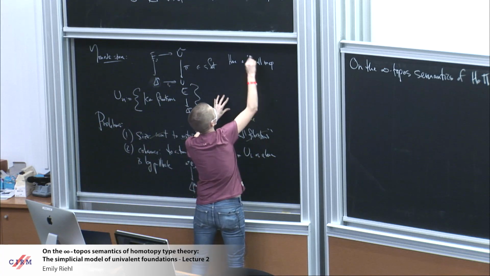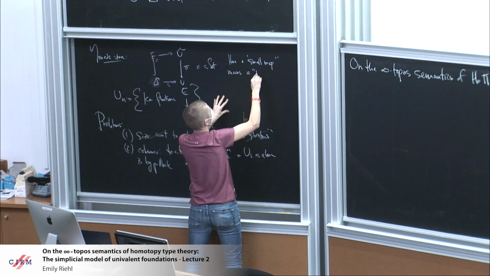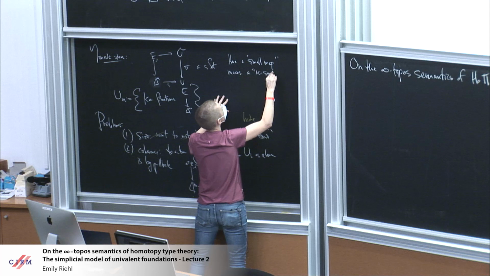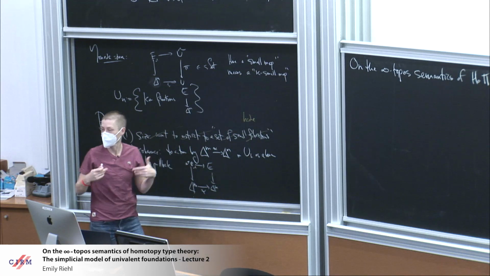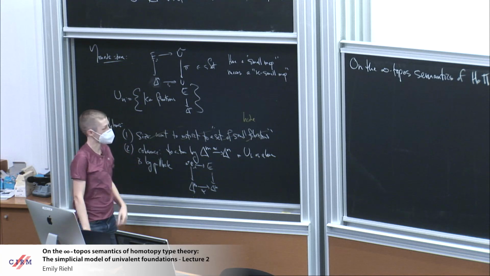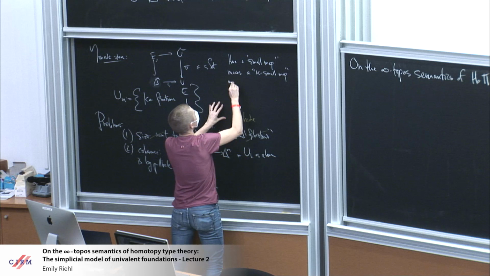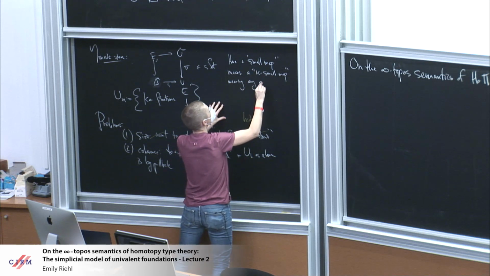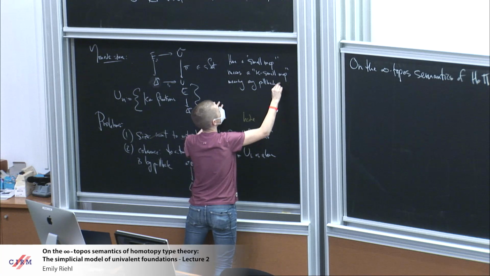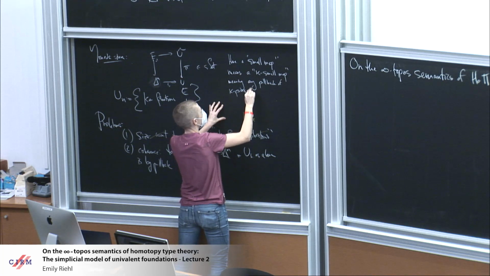So a small map means, firstly, what you might call a kappa small map, where kappa is a regular cardinal. Right now, it'll eventually be inaccessible. And what that means is that any pullback over a kappa presentable object is kappa presentable.